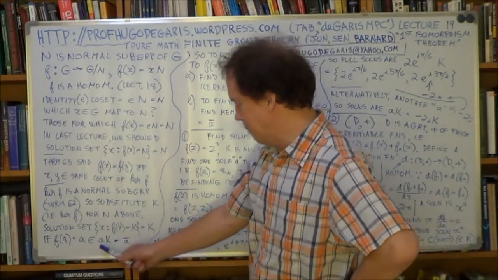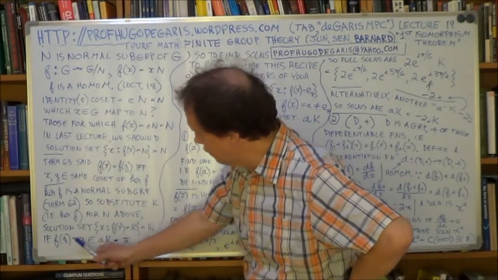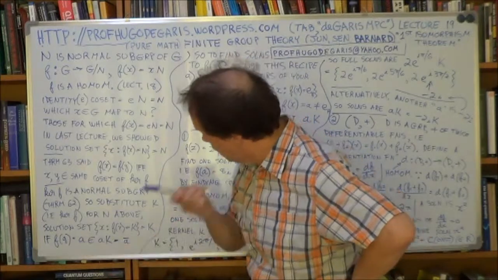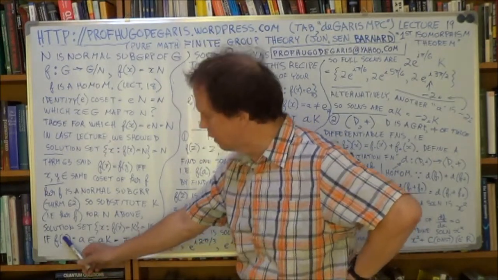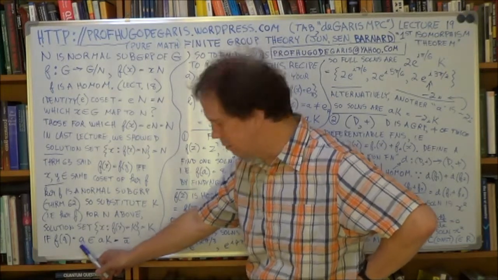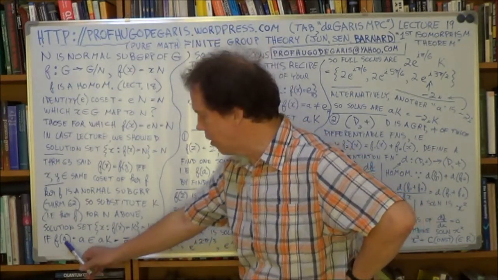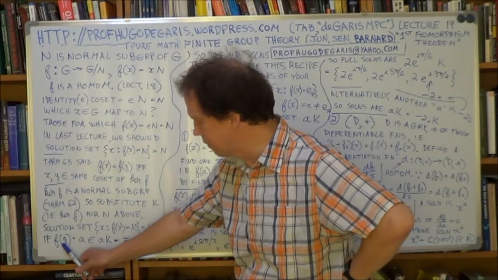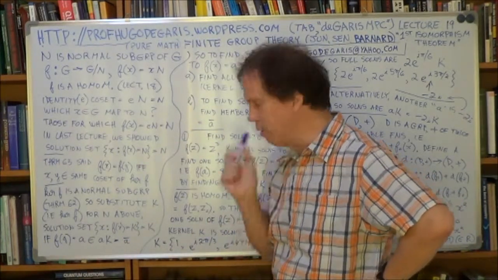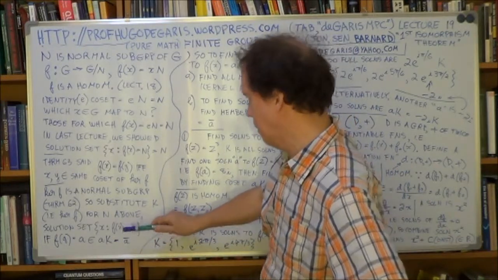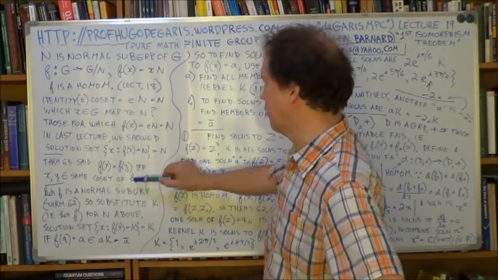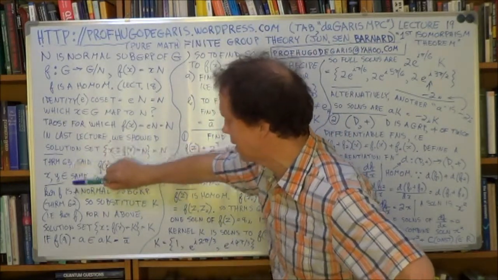And for different values here, like if you have little g1 and little g2, and they both map to the same value, like a here, then those little g1, g2 will belong to the same coset of K, which is of the kernel. That's theorem 63.